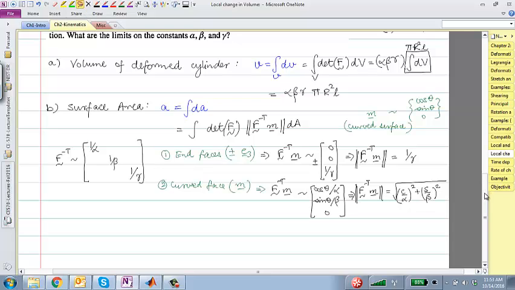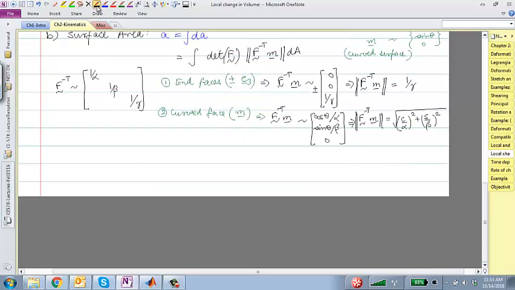Now I have enough information to calculate the deformed areas. So that deformed area would be equal to integral of determinant of F, alpha, beta, gamma. And this will involve 3 terms really. So I'll write them separately.